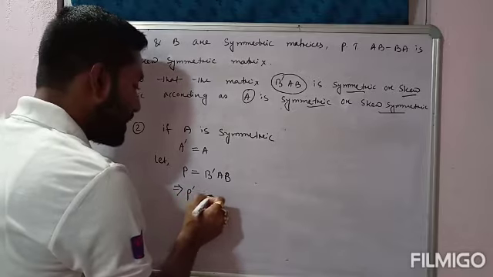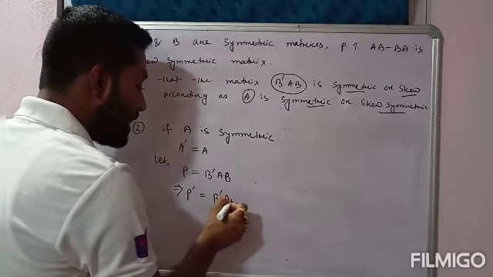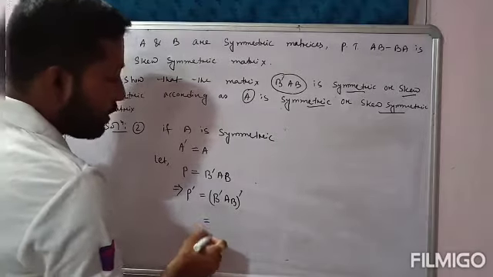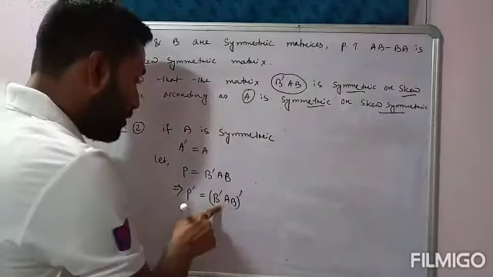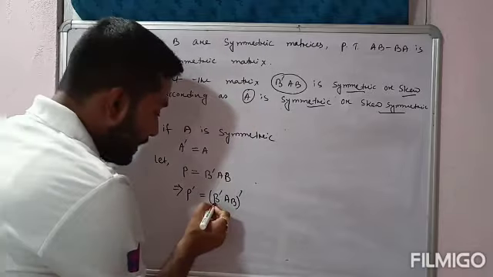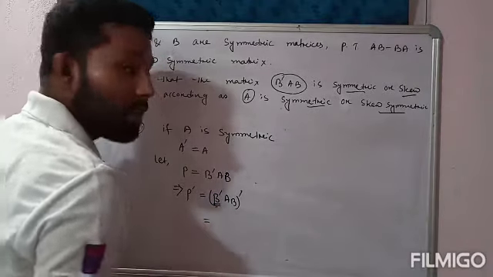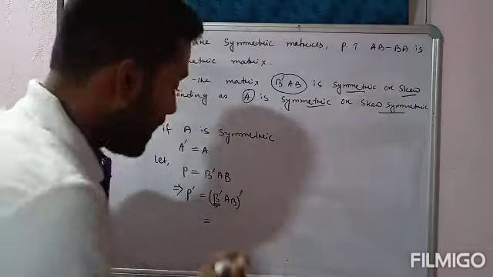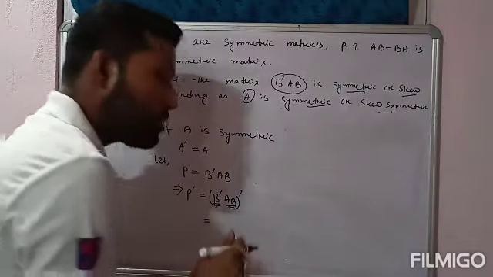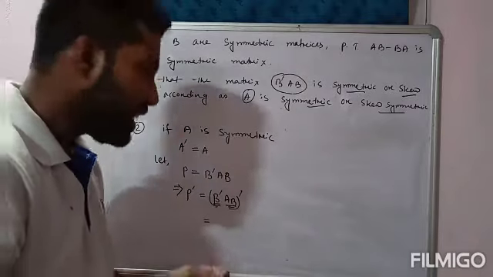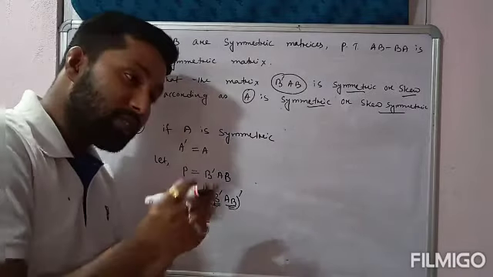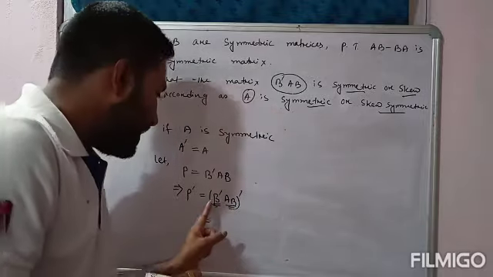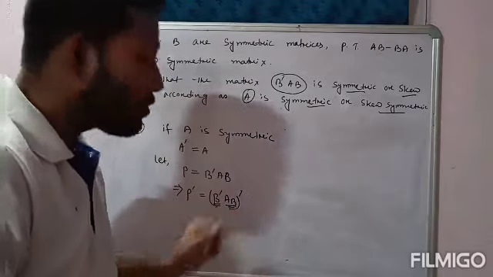So P transpose is equal to B transpose AB whole transpose. Yes. This is equal to, अभी एक ठीक से देखना है, B transpose AB whole transpose. This B transpose consider as a single matrix. Suppose this B transpose is one matrix A and AB is another matrix B. Then A into B whole transpose.